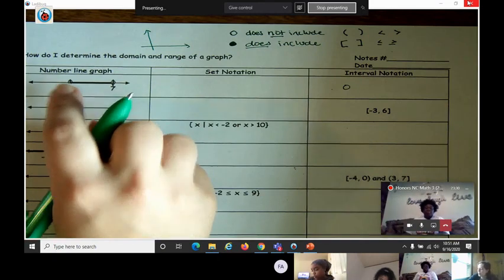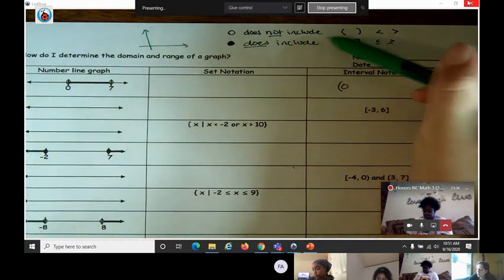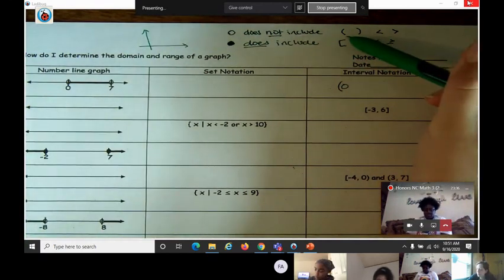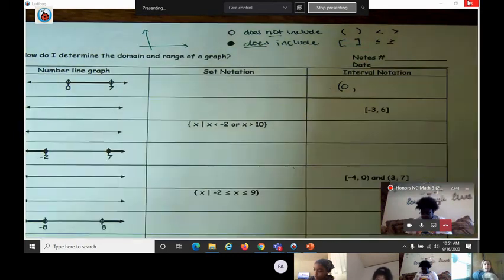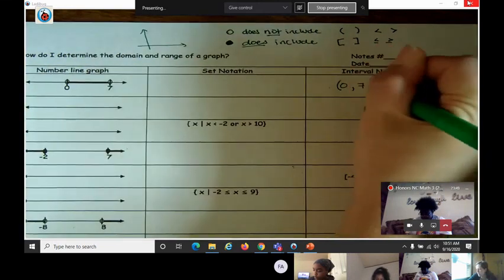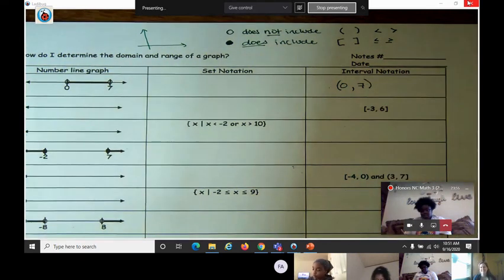Good. So we're going to use a round bracket because it was not included, and we use the round bracket when it's open. And then the upper one, what's the upper number going to be for this graph, Brandy? 7. Yeah, and this is also open. So you're going to use a round bracket. Okay, so questions on that interval notation for that particular number line?